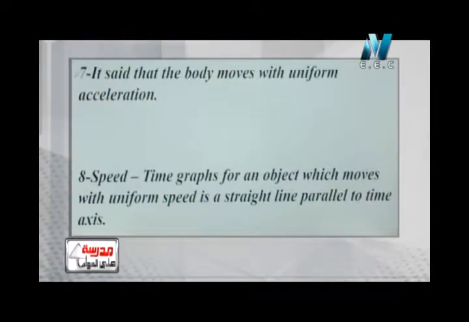Number 7, as we see here, dear students, it said that the body moves with uniform acceleration. How can we answer this question? We talk about uniform acceleration. So we define uniform acceleration, and we can answer this question. What is meant by uniform acceleration?